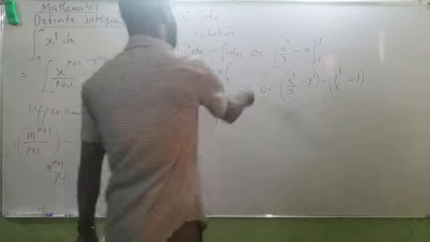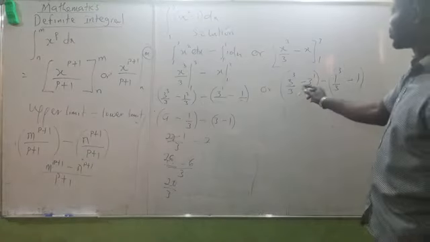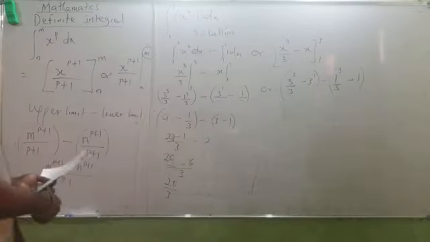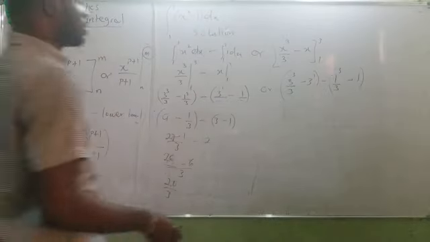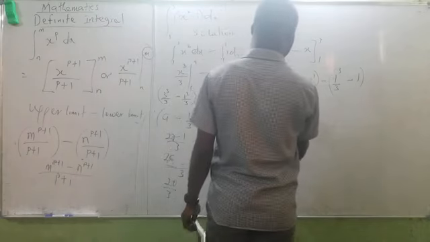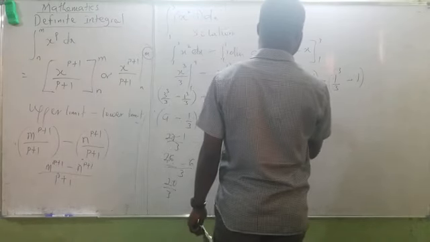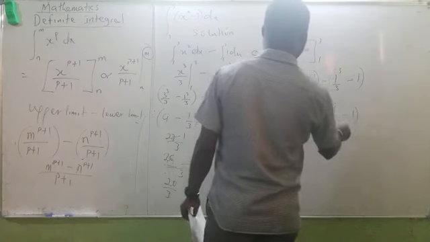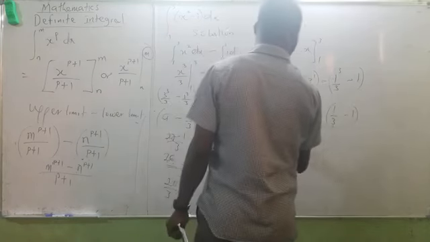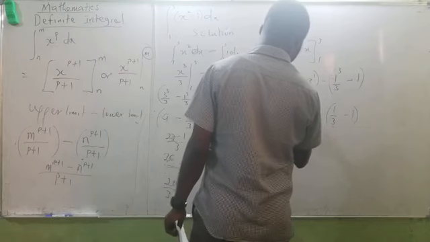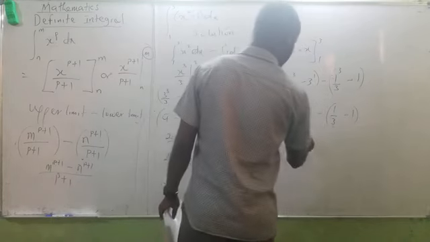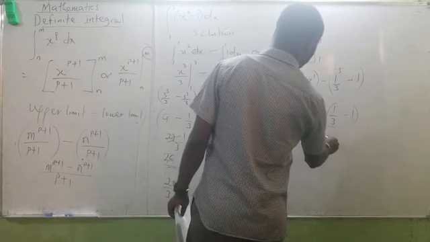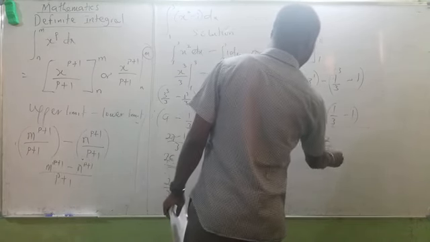Now let me solve this one in that way. This will be equals to 9 minus 1 over 3, minus 2. This is going to be 8 over 3 minus 2, which is 24 over 3.